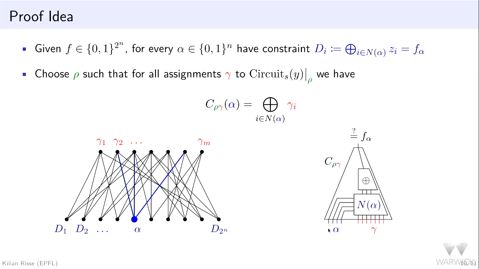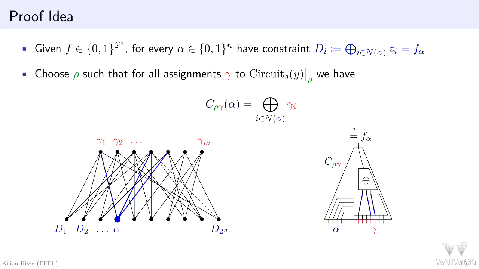Namely, on input alpha, it computes the XOR of the neighborhood of alpha over these constants gamma. Okay? And now we want to think of these gamma constants as an assignment to our z variables here. So in particular, if alpha is this node here, then it computes the XOR of these three gamma input variables. And if it's a different vertex, then it computes the XOR of those, or the XOR of these.